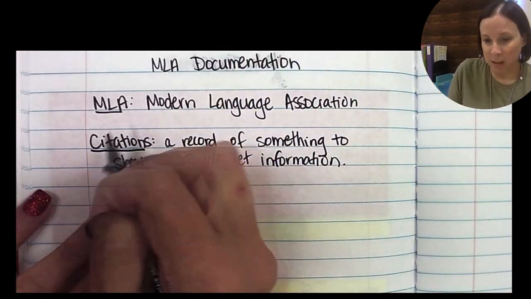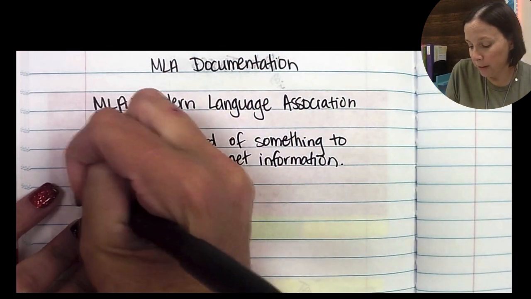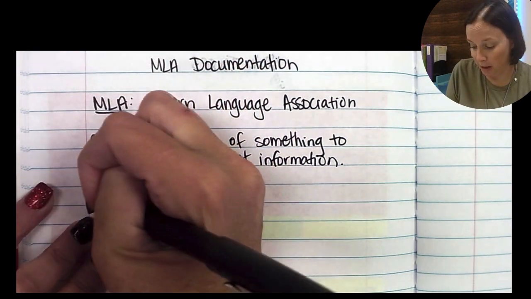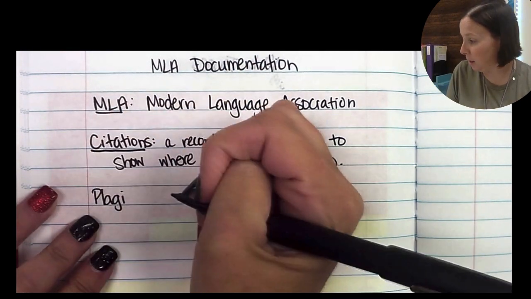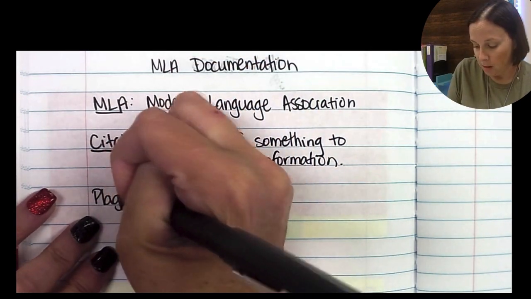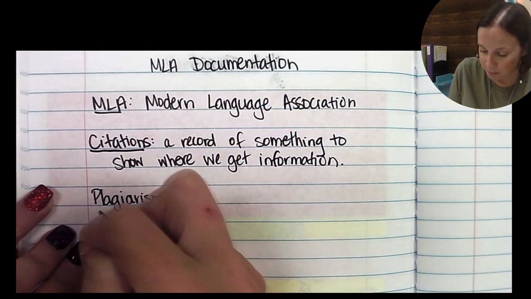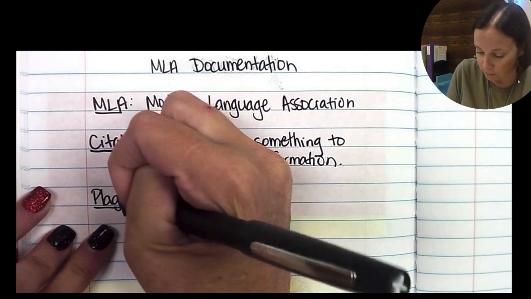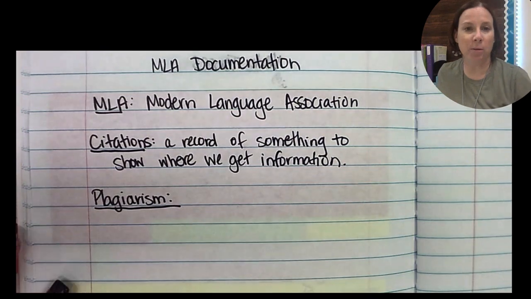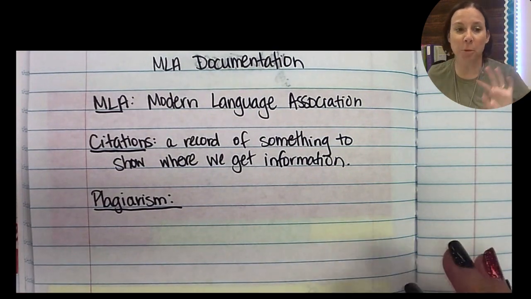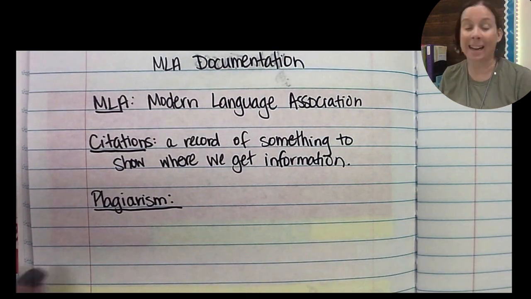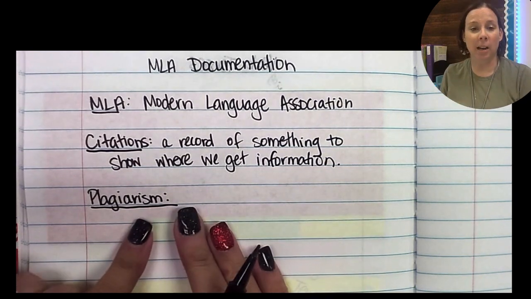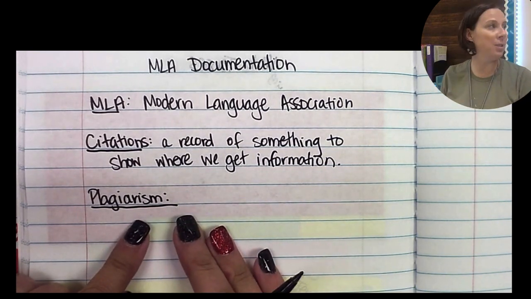The reason why we do this is that we are trying to avoid something called plagiarism, and I cannot spell this word. I have to look it up every single time. This is an R, okay? We are trying to avoid plagiarism. Now, at this age, most of the time when you plagiarize, you're doing it by accident. You're not 100% sure how not to plagiarize.